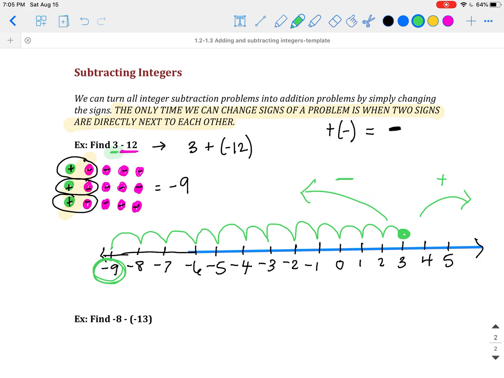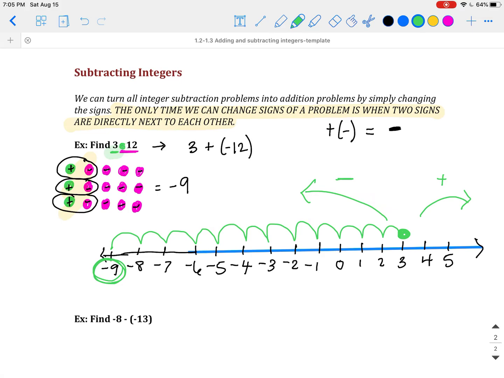Okay? And we can also use one of those rules that we used above. In this case, these signs are different, correct? And the rule was when the signs are different, you're going to take the absolute value of both, keep the greater sign, and subtract the smaller value from the bigger value.